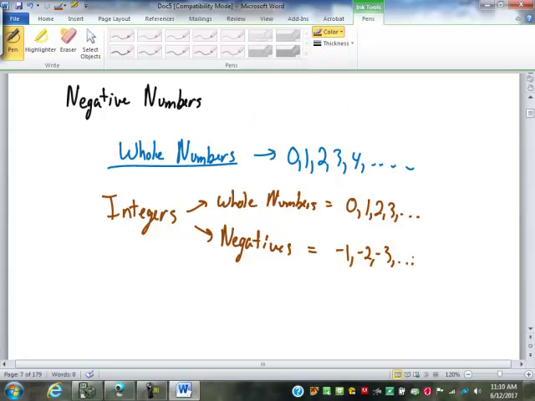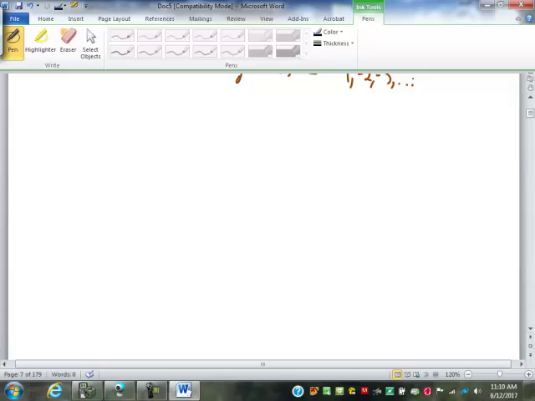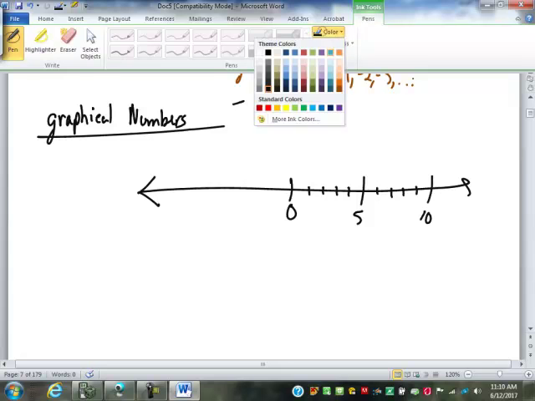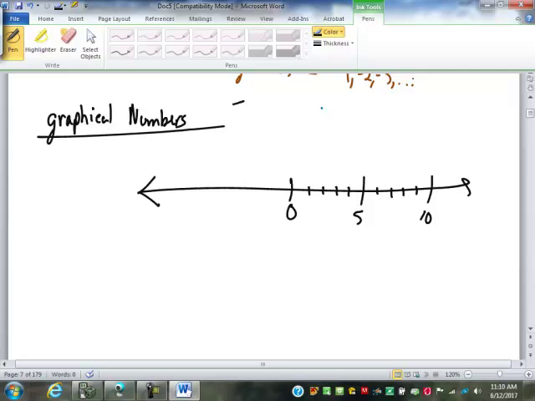So to understand these, there's two things we need to talk about. One is we need to talk about graphical representation of numbers. So if I have the number, or actually the numeral I should say, 6, there's a couple of different ways I can represent that graphically on a number line.